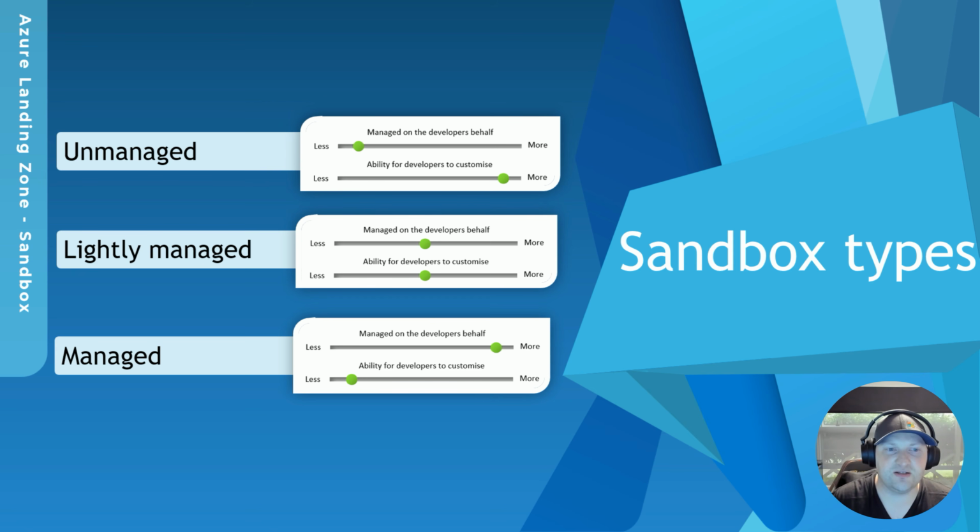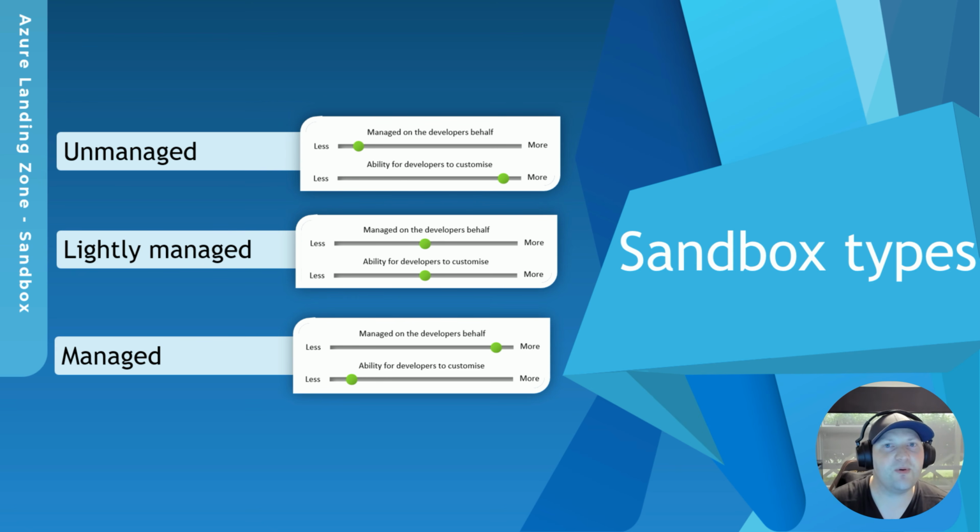It's less customizable and it requires a bit more administration by the platform engineering team, because they have to create the resource groups. They have to create the Entra ID groups and permissions to allow everyone to connect to their own specific resource groups. And then the third one is managed, where it's really managed by the platform engineering teams, and the developers just consume that.